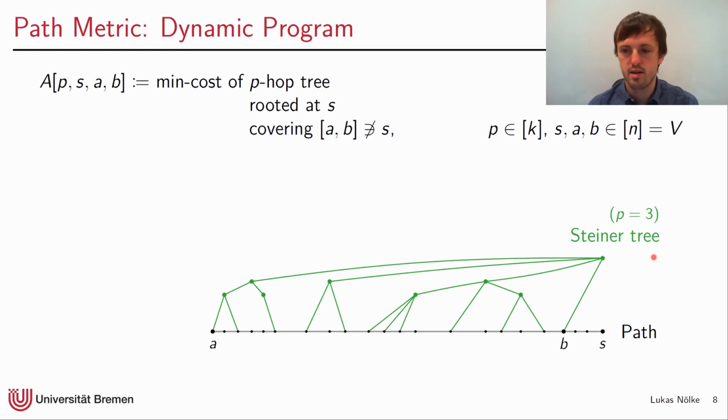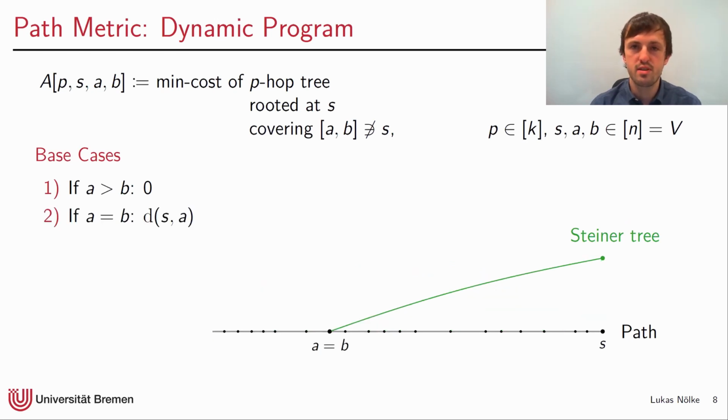Now here you see an example of this where P equals 3 and the vertices between B and S are left out from this tree, but everything between A and B is covered. For the dynamic program, we have the following base cases. First, of course, if A is greater than B, then our interval is empty and we don't have anything to attach, so the cost is 0.